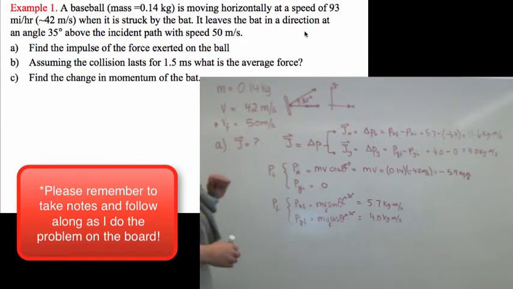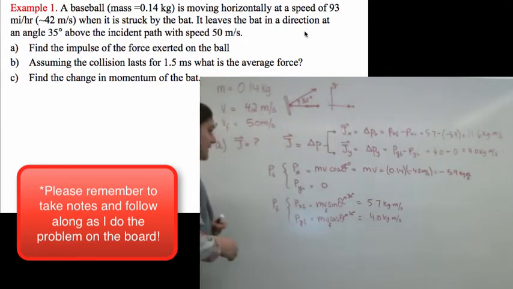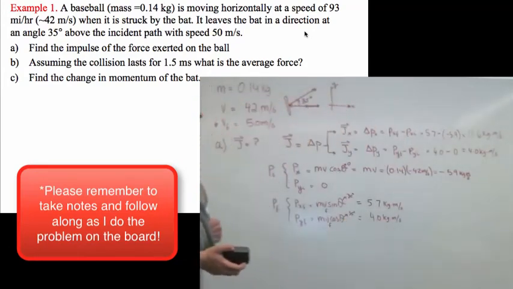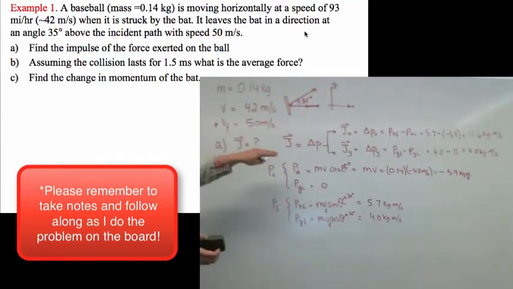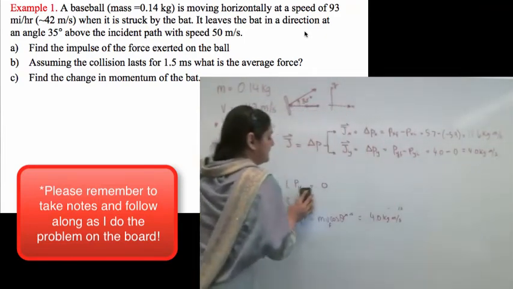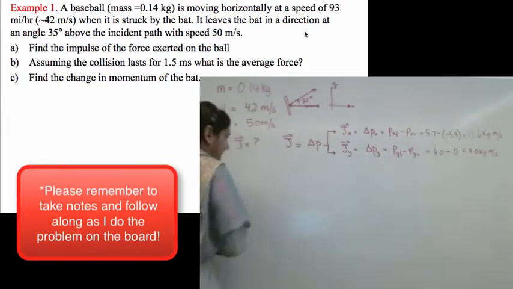And the reason why we are not done is because these are the components. How do I find the total J? So in order for me to find the total J, what do I have to do now? How do I go from components into an actual J?